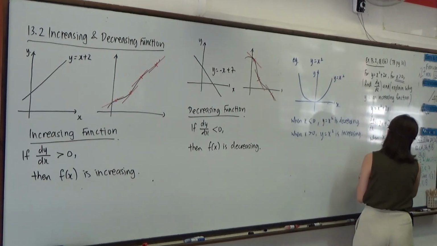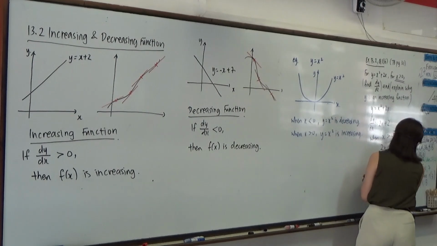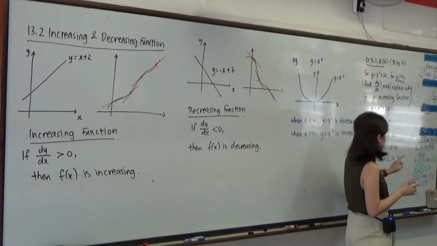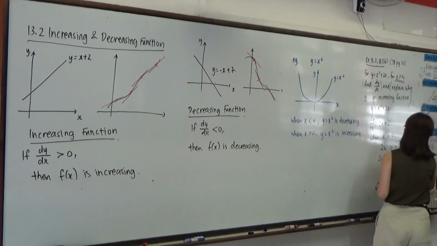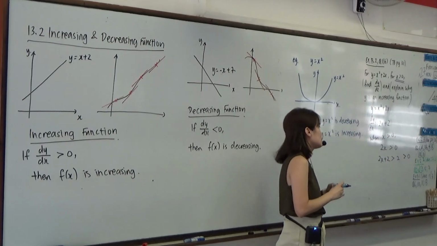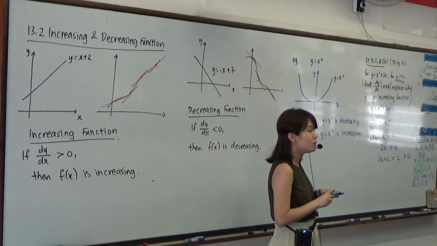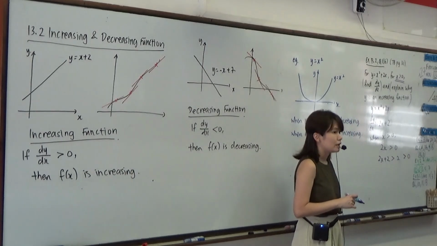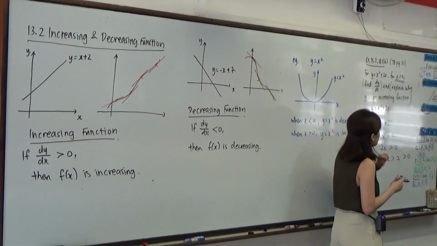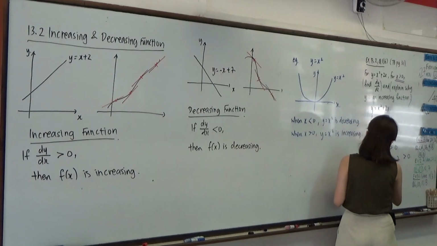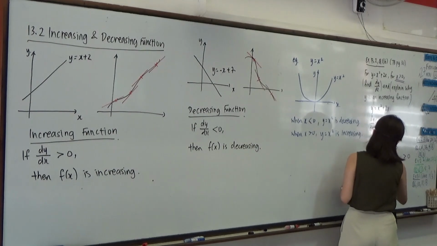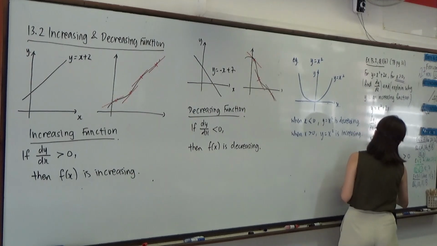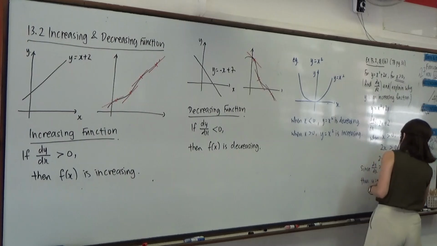So 2x plus 2 will be more than 2, because I add 2 on both sides, and 2 is more than 0. This is how I show that 2x plus 2 is more than 0. Therefore, I can conclude that y is an increasing function. Since dy over dx is more than 0, then y is an increasing function.